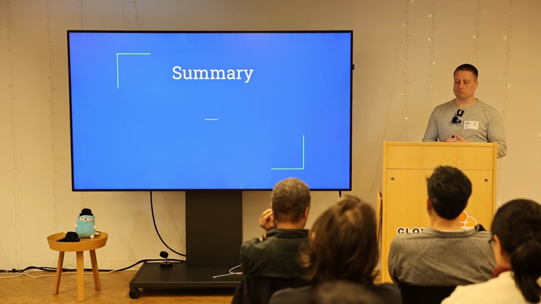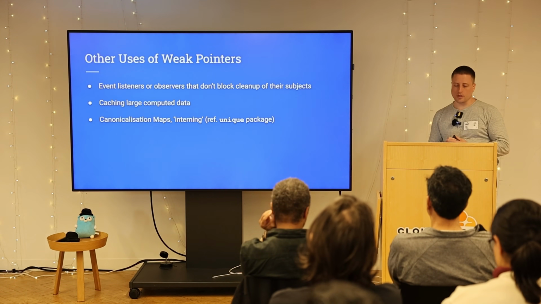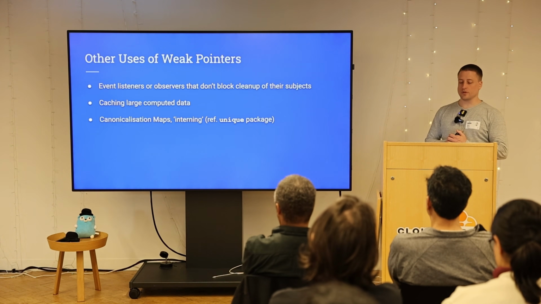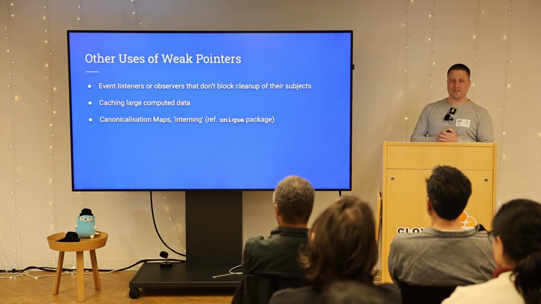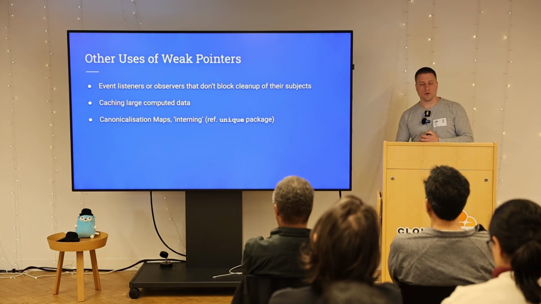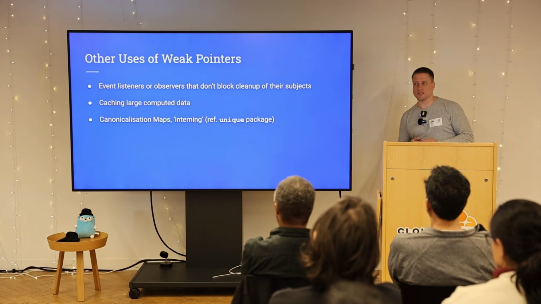So in summary, we're about done, but there's a couple of other uses of weak pointers. Event listeners are observers that don't block cleanup of their subjects, as an example.